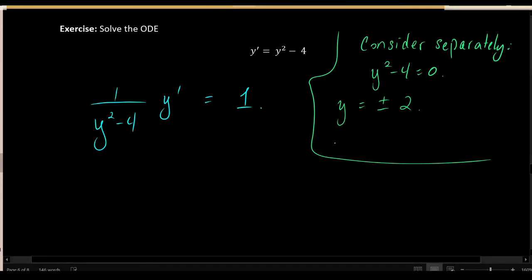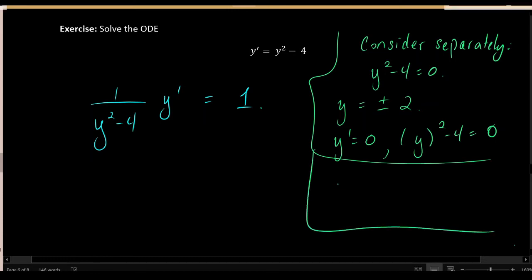Now in each case, y prime would be equal to 0. And in each case, y squared minus 4 would be equal to plus or minus 2 squared minus 4, which equals 0. So actually, the two constant functions, y equals plus minus 2, are both solutions.